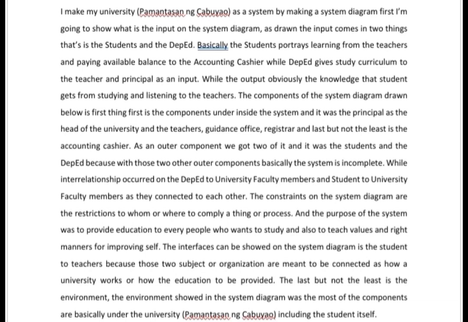And there are outer components. We got two outer components, and it was the student and the DepEd. Because without those two outer components, basically the system is incomplete. Kapag wala yung dalawang yun, hindi kompleto, bali may kulang.